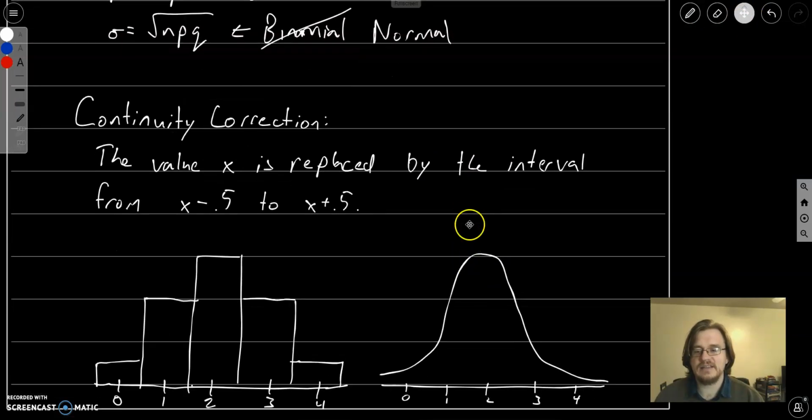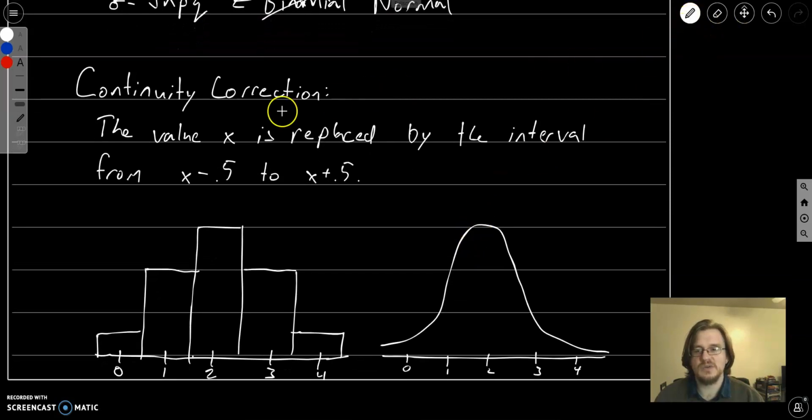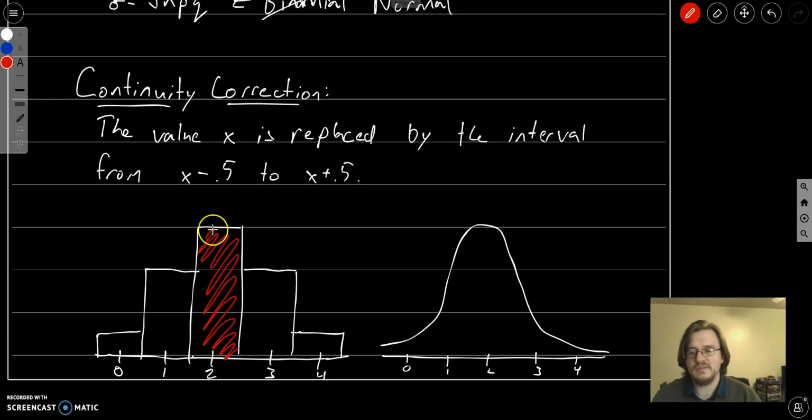And the last thing that I want to mention is this continuity correction. Like I've mentioned before, the binomial distribution is discrete. So, for instance, the probability of getting a 2 in the binomial distribution should be given by this area right here. But when I look at this, it is actually stretching from 1.5 up to 2.5.